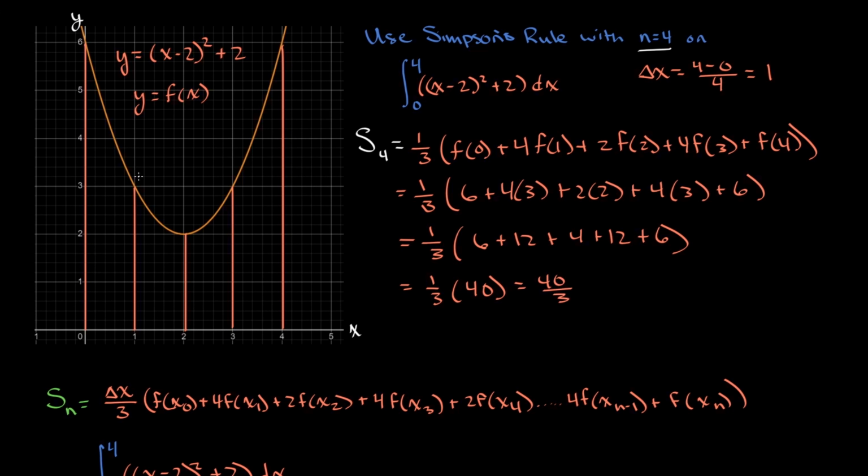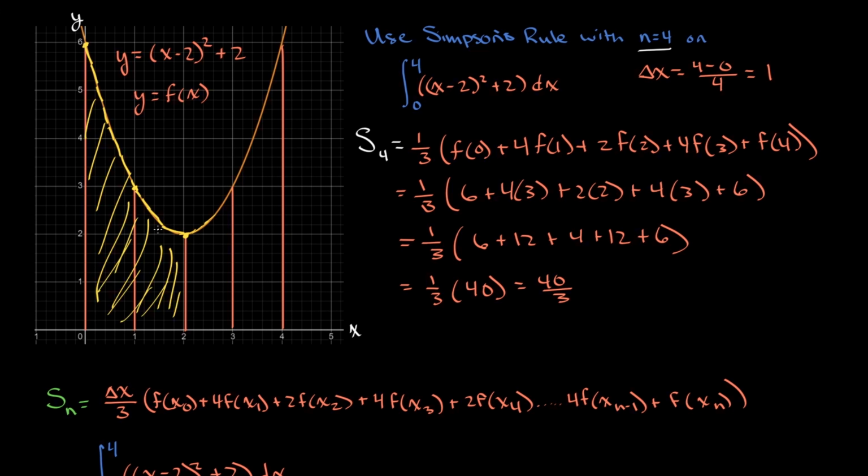It's constructing quadratic functions here, so it's making a parabola. The 3 points that Simpson's rule is making a parabola with are along a parabola. So the parabola it constructs is exactly this curve that we originally started out with. Then it's just finding the area under this parabola for these 2 subintervals.